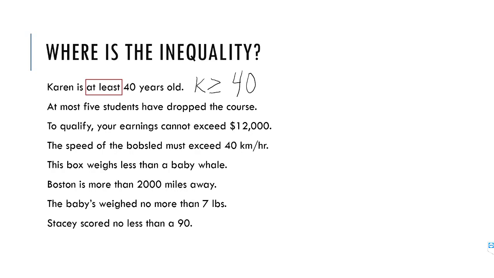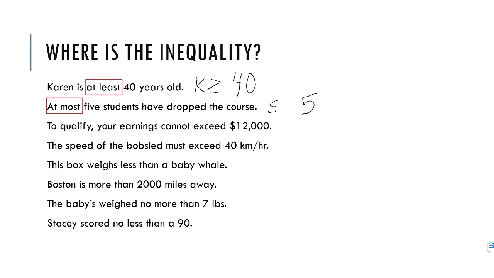In the next sentence, it says, at most 5 students have dropped the class. The words at most, just like at least, tell us there's an inequality involved. Let's make an inequality statement with symbols. Let's use S for the number of students that have dropped the course. And we're going to compare that to the number 5. At most 5 students have dropped the course.